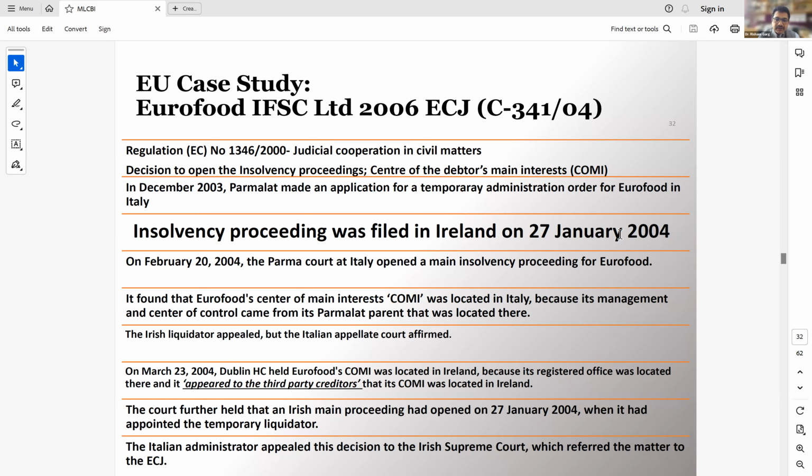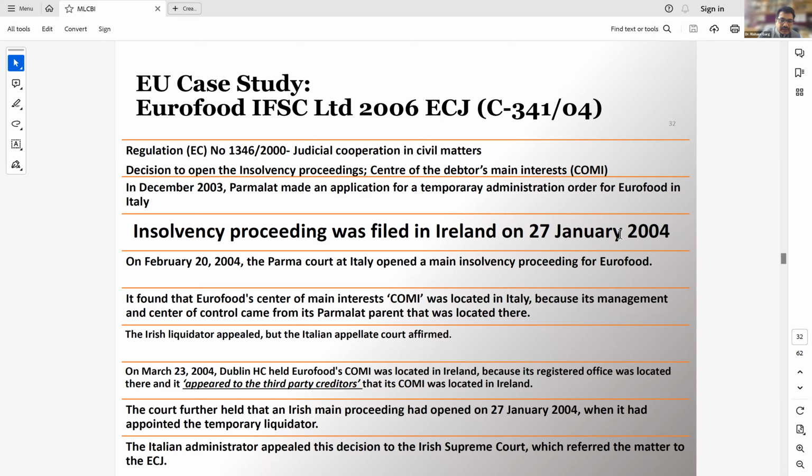But the Irish liquidator appealed, and the Italian appellate court did not consider the objections of the Irish liquidator. So what is happening is that Italians have started their own insolvency application and they have not considered the objection of the Irish. And in Ireland also an insolvency proceeding has commenced in January 2004.